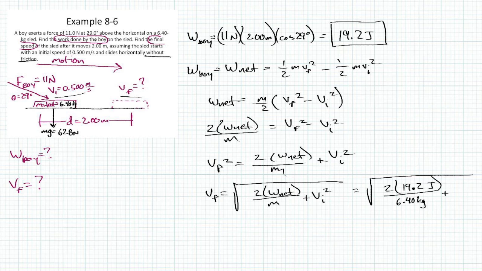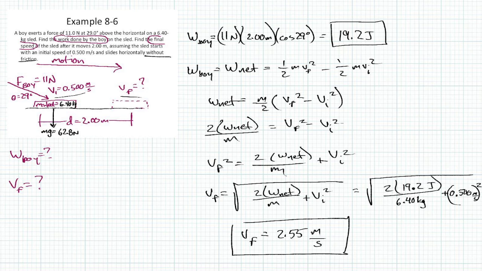Our initial velocity is 0.500 meters per second, that quantity squared. Whatever order you do it in is fine. Just make sure you watch your parentheses and your square roots. But we should have that our final velocity is 2.55 meters per second.